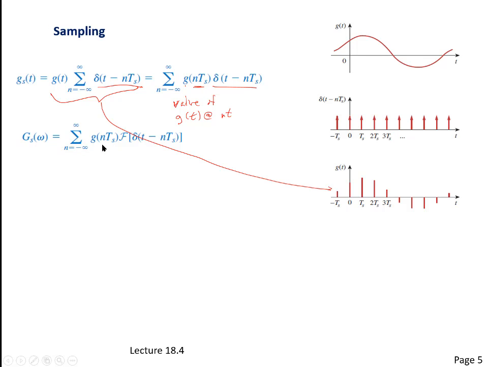So we have these amplitudes of the function g times the Fourier transform of the delta function. Well, that one's pretty easy. We just go back to our tables, table 18.2 in the text, and we just look up what it is. The delta function transform is simply e to the minus j n omega tau s, right?